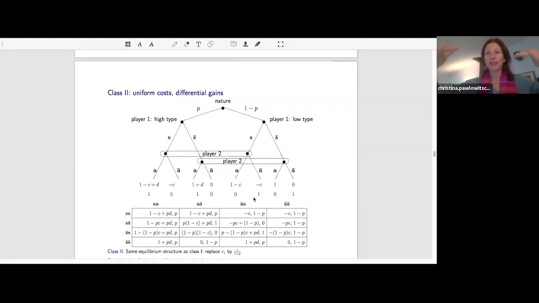Also for all these different cases we have, playing with the parameter p, little p for the prior probability, and also playing with the cost parameter. We just have to think of what was the cost parameter for the low type, replaced by the parameter c that we have here.